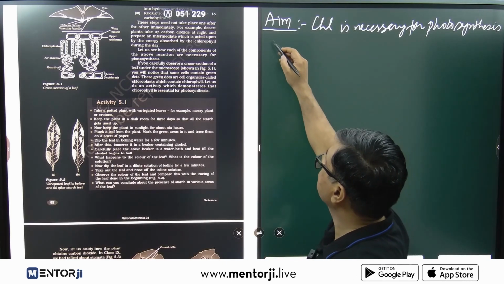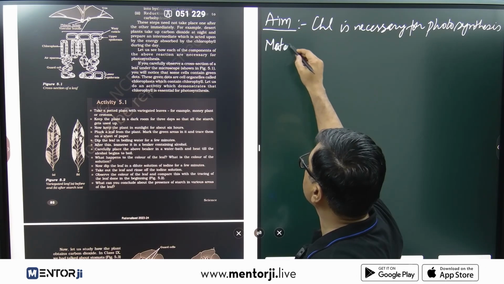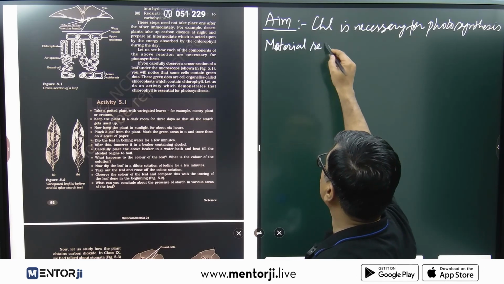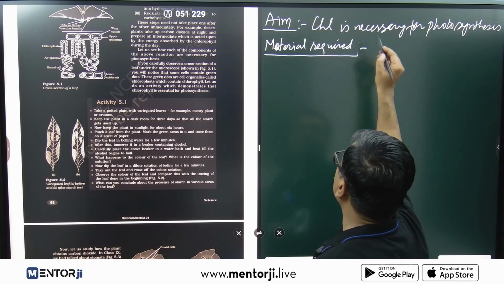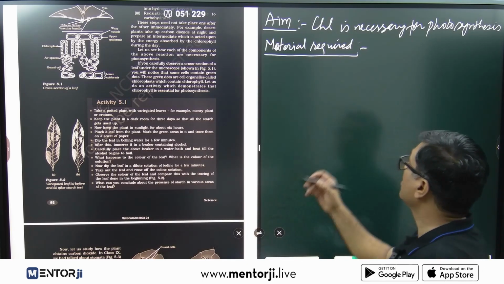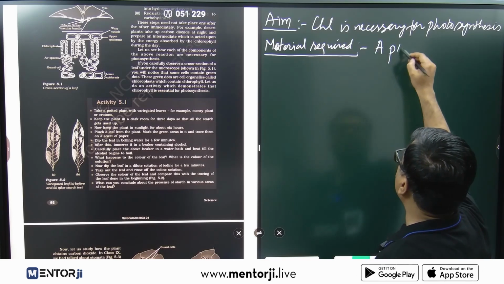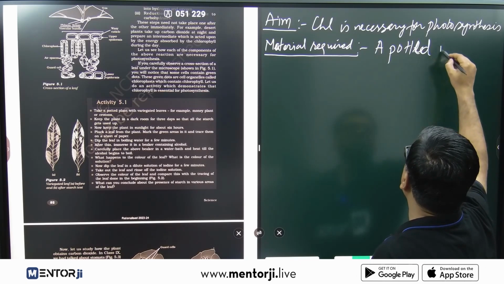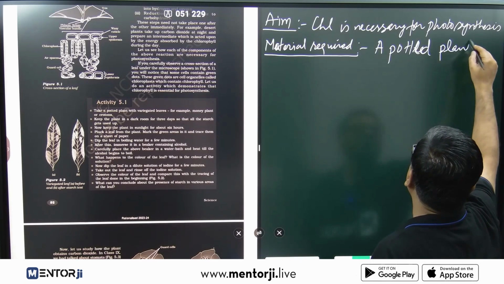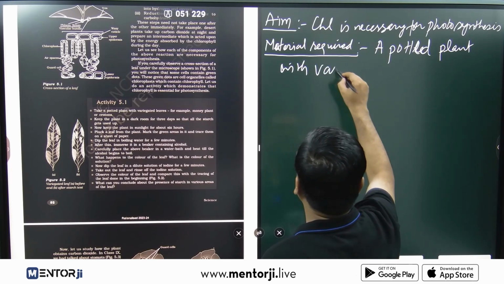That is the aim of this activity. Second is material required. What materials do we have to take? First, we have to take a potted plant with variegated leaf.